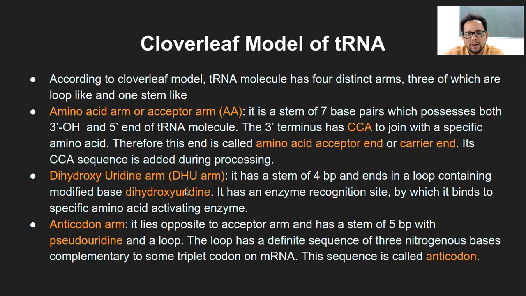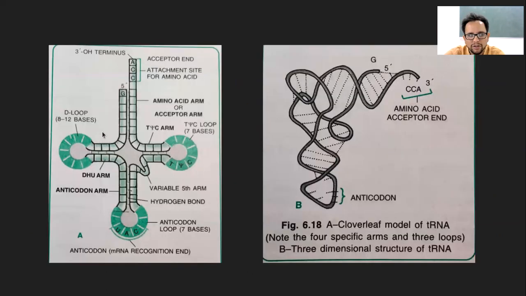So that is dihydroxyuridine. Again, in the structure, this is the 4 base pair stem and then the looping of these modified dihydroxyuridine bases. There are 8 to 12 of these in this loop, and there are 4 of them in the stem. And like I said, this amino acid will be specific to the anticodon, which is complementary to the code on the mRNA.